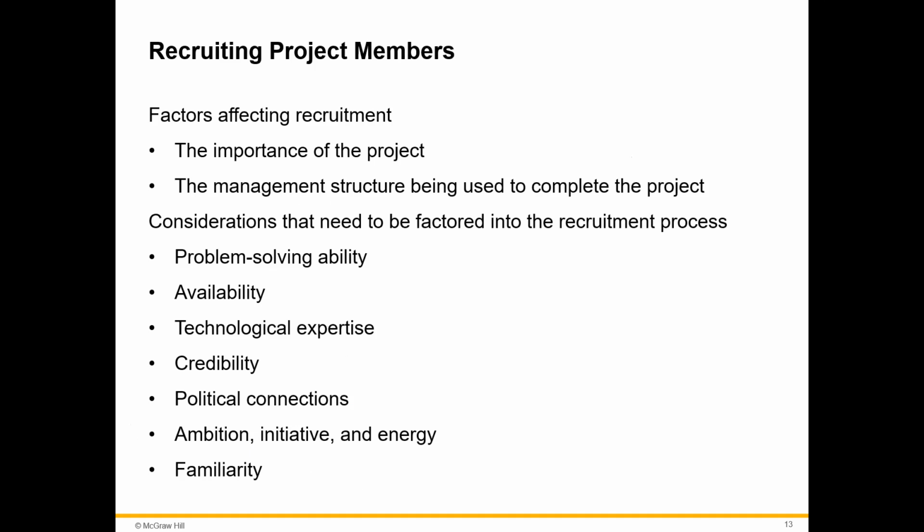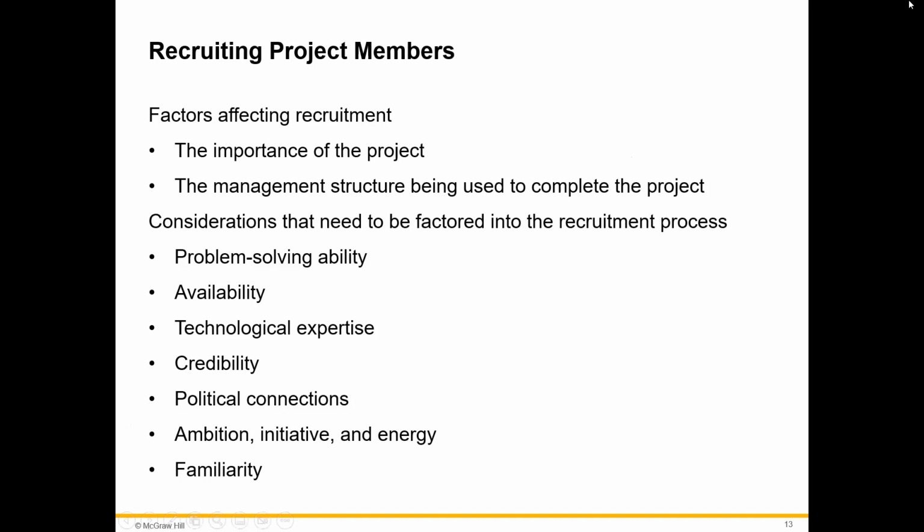They back themselves up. They have credibility. Sometimes maybe political know-how, different ambitions, initiatives, and energy altogether. And nonetheless, of course, familiarity with the project so that they know exactly what to do, how to execute it, and complete it successfully without any given problems altogether.